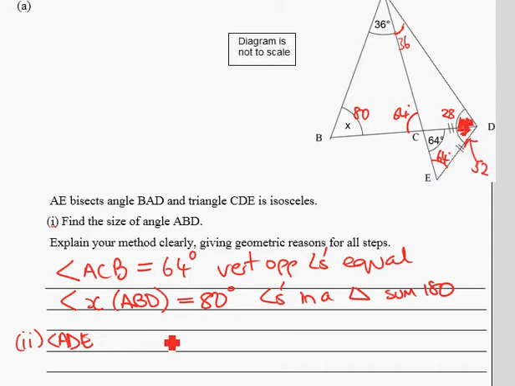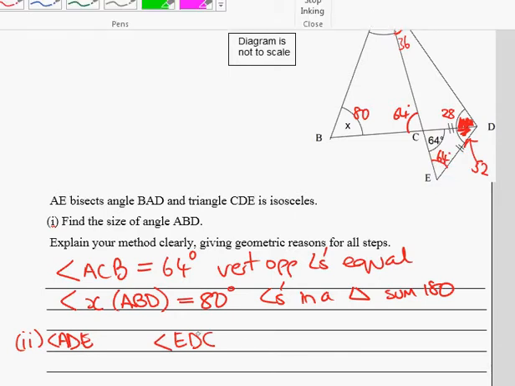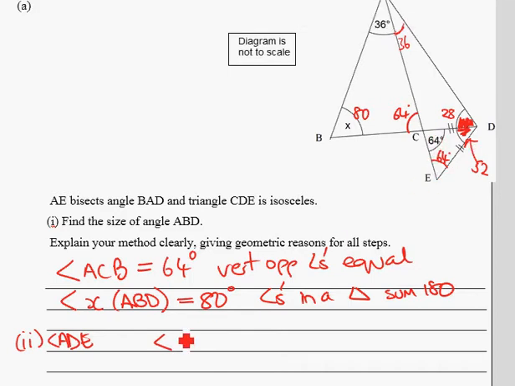So we need to start by finding angle EDC. Perhaps we need to explain CED. We should probably explain putting it all in, and I'm probably not going to have enough room. CED. Now we can do angle EDC.